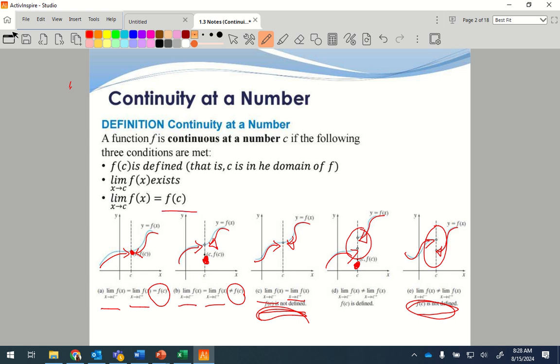And third, the limit is equal to the function. So the only one that is actually going to work is this one here. Make sense?